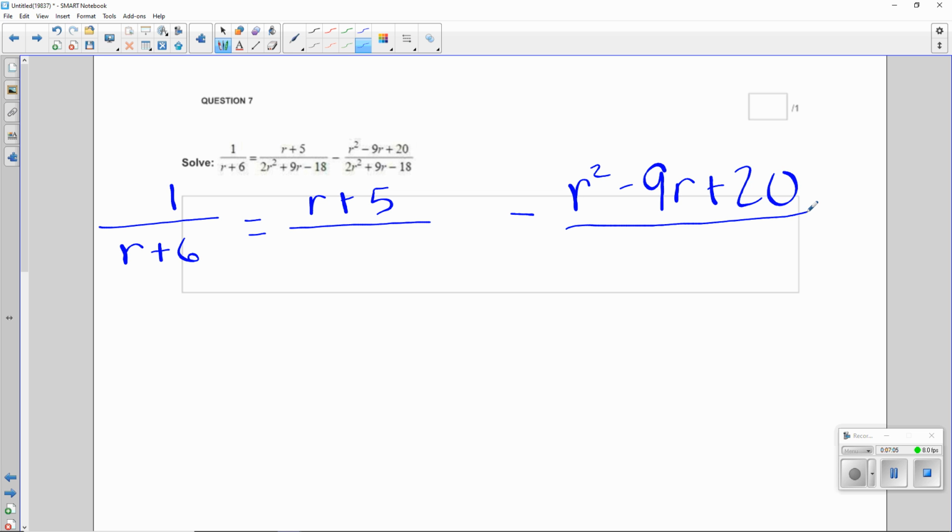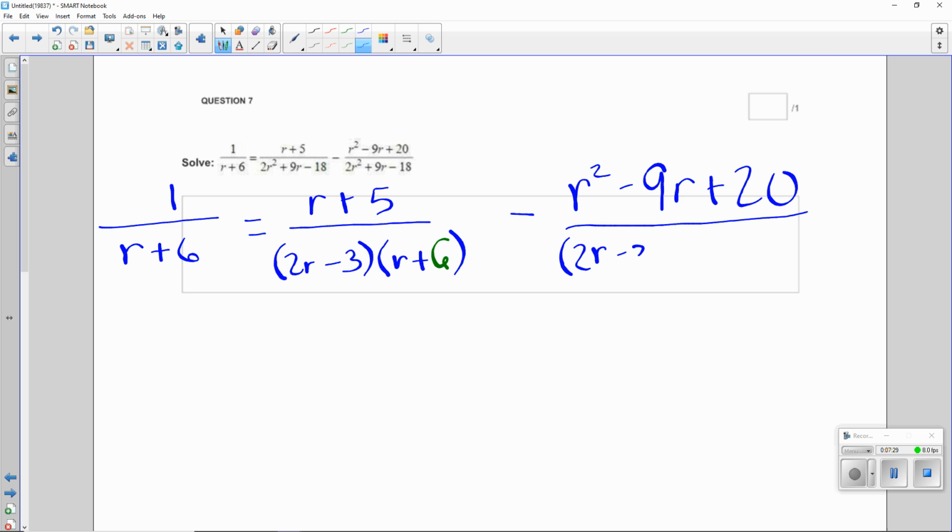You need to factor the bottom. So it's going to be 2r, and that's going to be r. I think the 6 goes there, and the 3 goes there. And I think that's positive, and I think that's negative. I believe that's right.